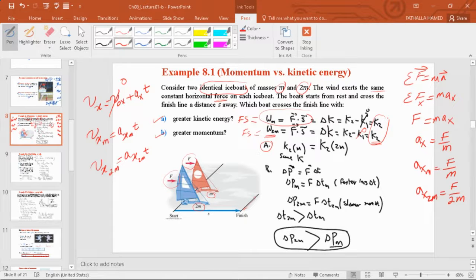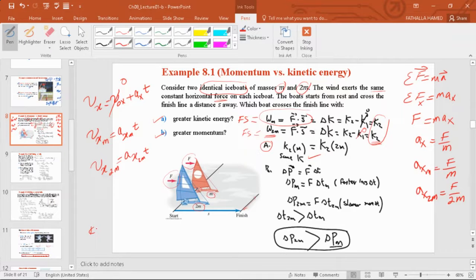It's not going to be different, because the magnitude of the force is the same for both of them, the magnitude of the displacement is the same for both of them, and K1 for both of them is 0, because they're starting from rest. So K2 is going to be the same. So you can say here that they will actually reach the finish line with the same kinetic energy.